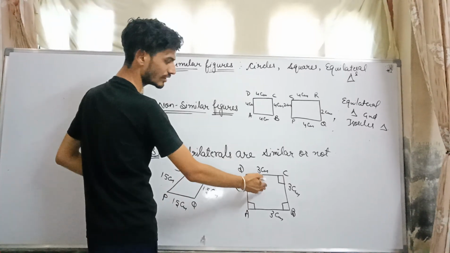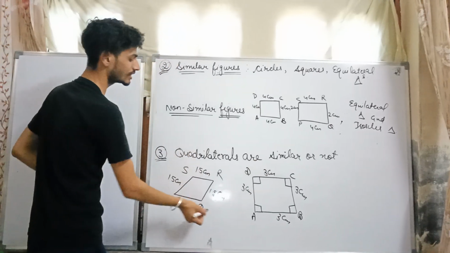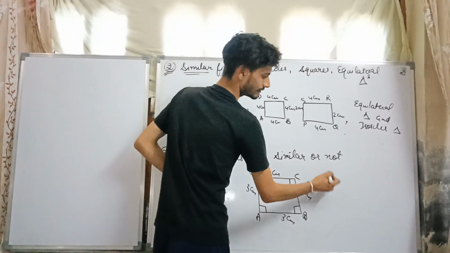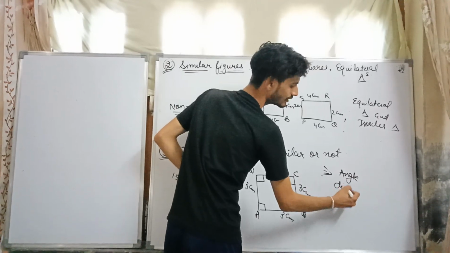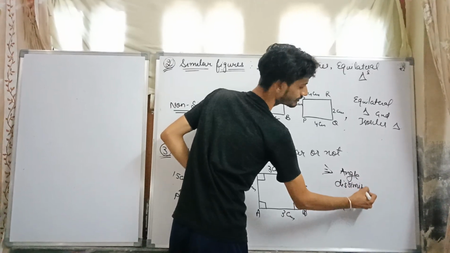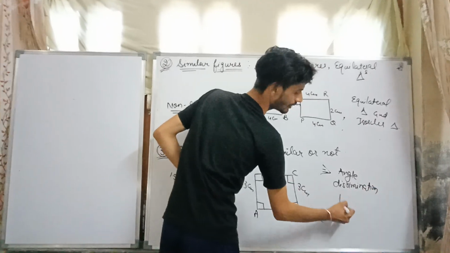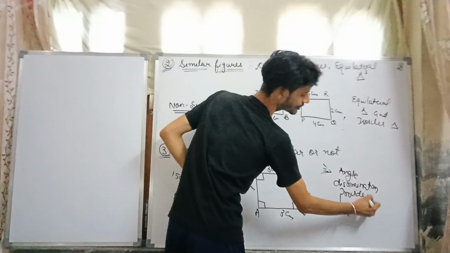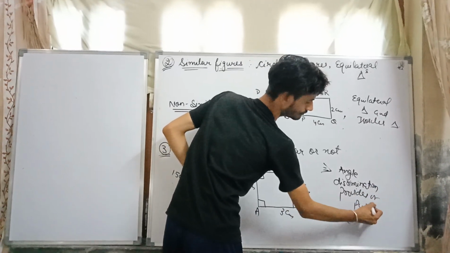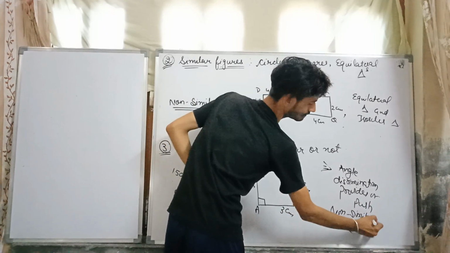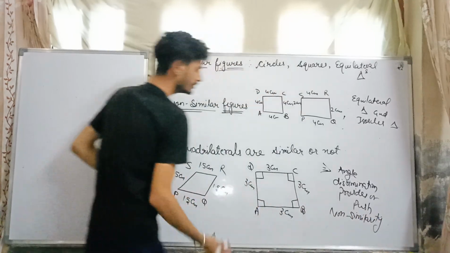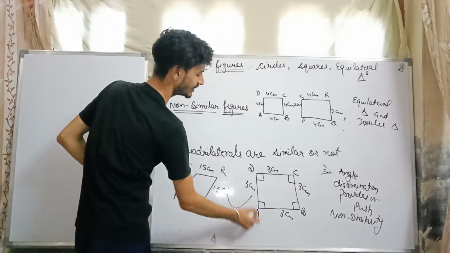This shape provides an angle of 90 degrees. So in this situation, angle discrimination provides the non-similarity nature. So both the shapes are non-similar to each other.